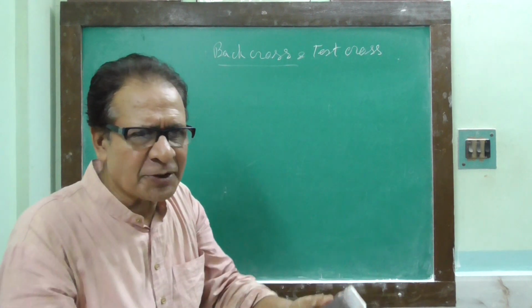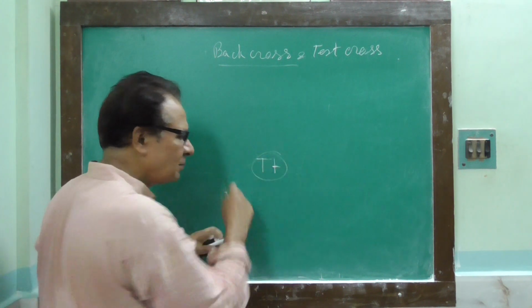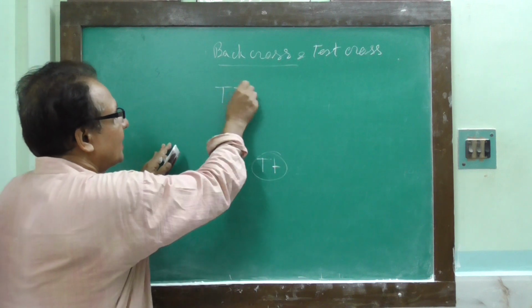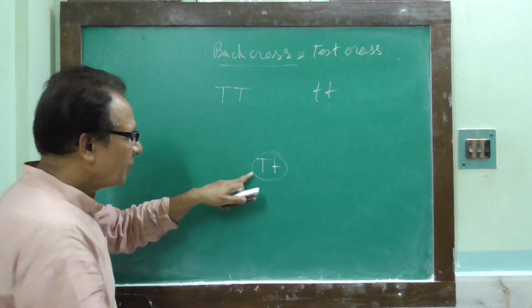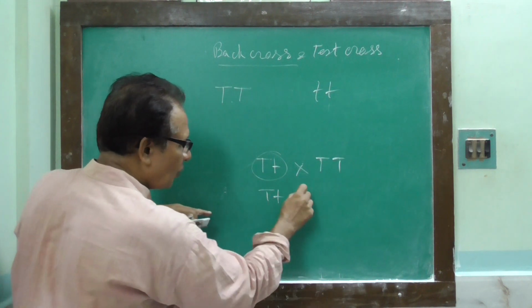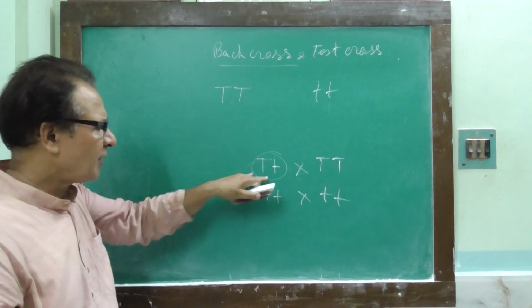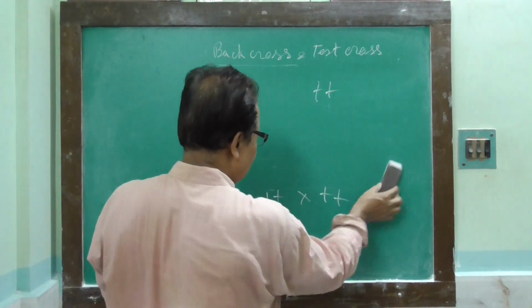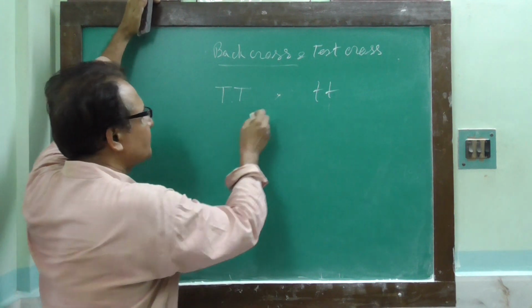For example, in Mendel's monohybrid cross, the hybrid tall plant of F1 is crossed with any of the parents, either capital T or small t. So it is crossed with capital T or crossed with small t. It is the back cross, and this cross you must practice or do in your class tasks.